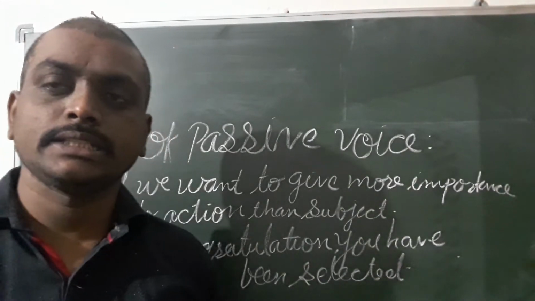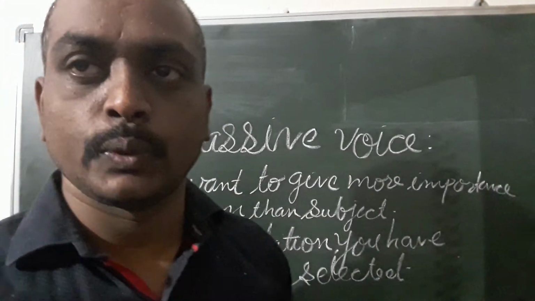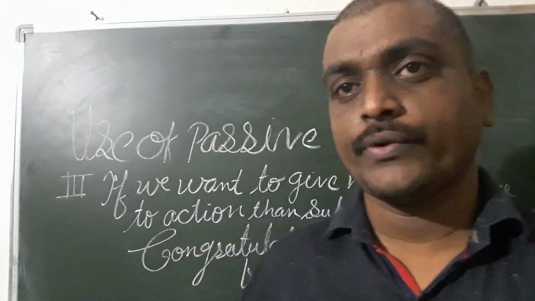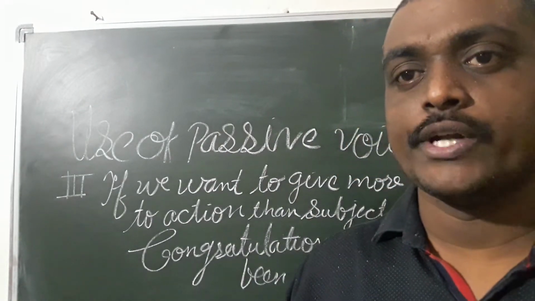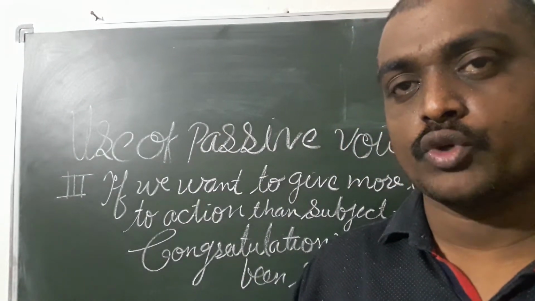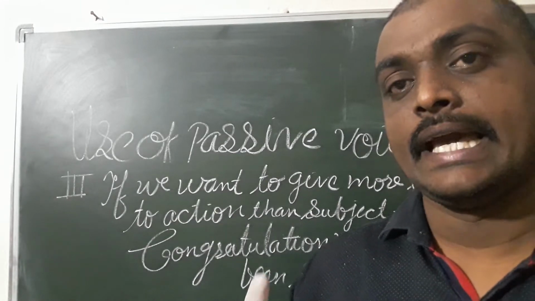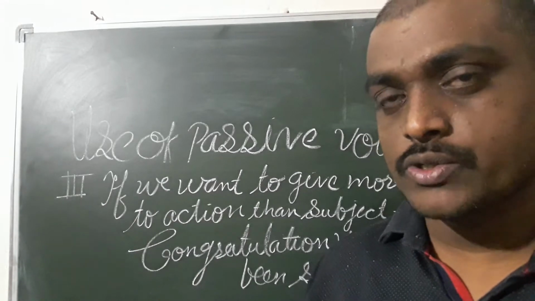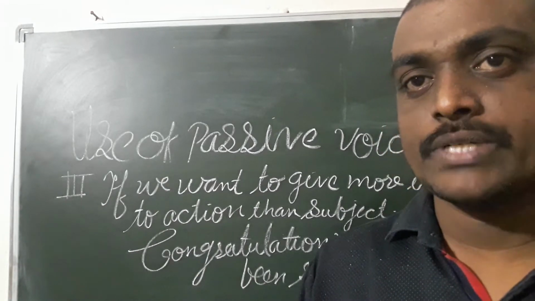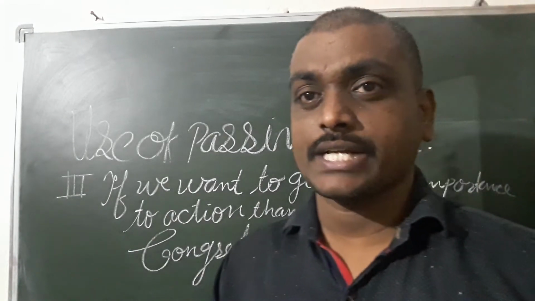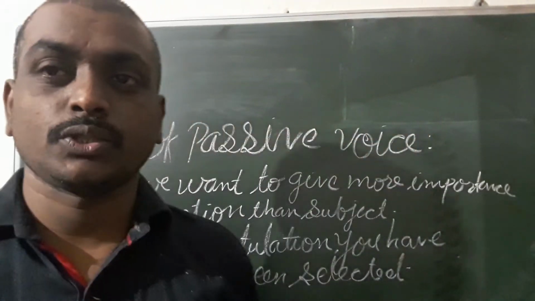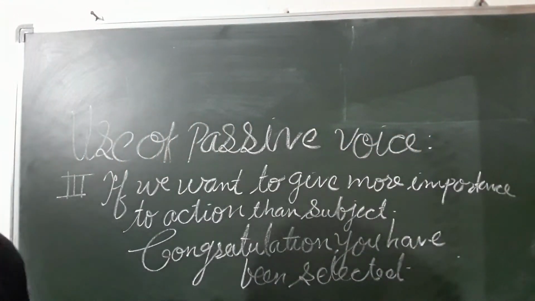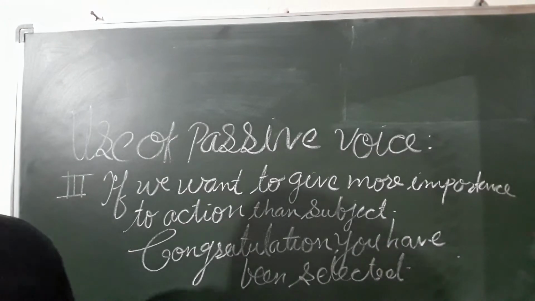So in this sentence, the importance we have to give to the action. To whom do we have to give the importance? To the selection process we have to give the importance, and not to the subject. We don't know who is there to select, but we have to give more importance to the object, or to the action. So this is the third usage of the passive voice.